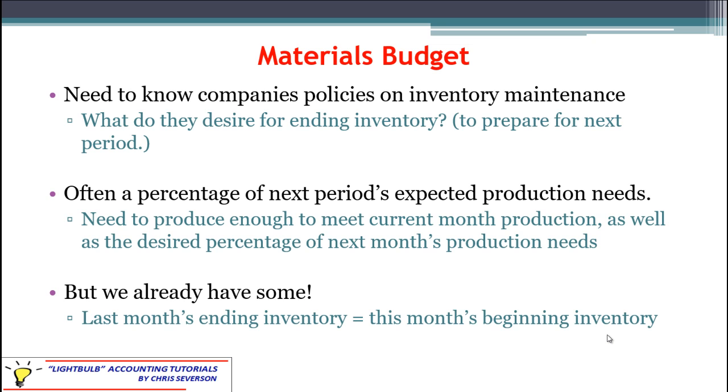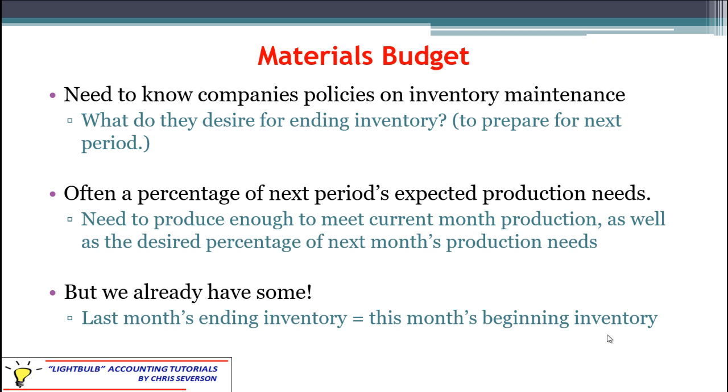Just like with the production budget, we need to know the company policy on inventory maintenance. What do they want their desired ending inventory to be at the end of the period? And remember, that also carries forward to next month's beginning inventory. That desired ending inventory is often just a percentage of next period's expected production needs. That's different than the production budget, which was a percentage of next month's sales.